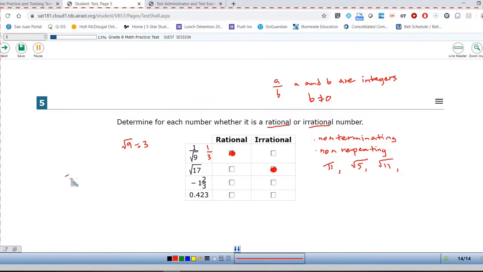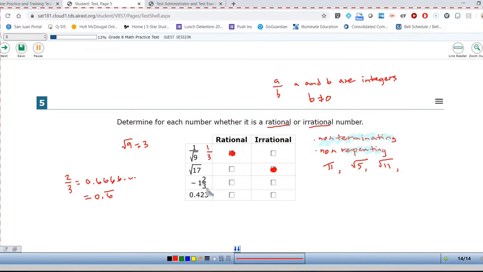Now, 2/3 is kind of tricky because if you have memorized your fraction to decimal conversions for those special cases, you should know that 2/3 is 0.66666 forever, which we usually write as 0.6 repeating, which means it is non-terminating. But guess what? It repeats. So while it does meet one condition for irrational, it doesn't meet the other one.